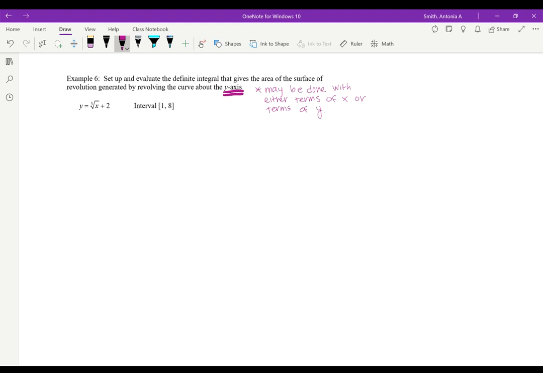Even though we're revolving about the y-axis with surface area, you don't have to integrate in terms of y.